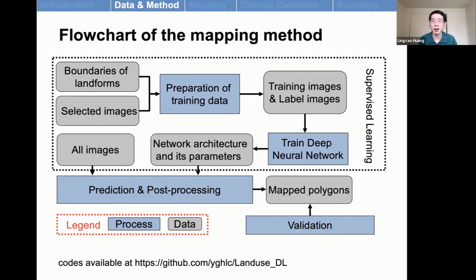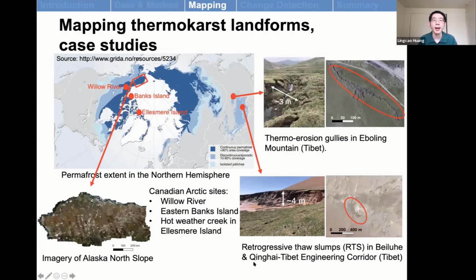I made this pipeline and all my code is publicly available on GitHub. This is the link. And here I show some results and case studies. Here is a map of permafrost distribution in the northern hemisphere. Previously, when I was a PhD student in Hong Kong, my focus was mostly on Tibet.